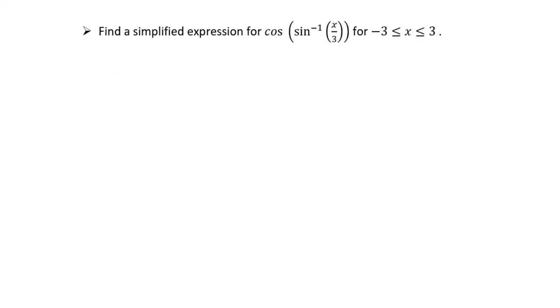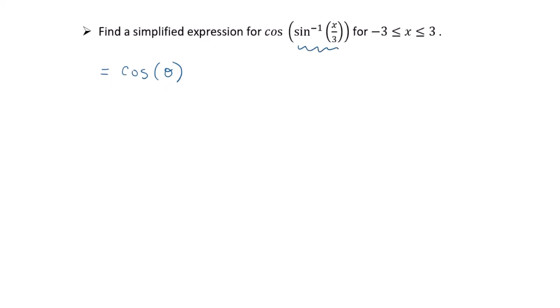We can use a similar process when we need to find a simplified expression for the composition of these functions. Here I need to find a simplified expression for cosine of the inverse sine of x over 3 for x between -3 and 3. Now, I know, based on the process that I had before, I'm just going to say that this is the cosine of some angle theta.